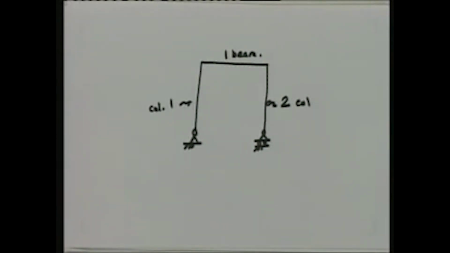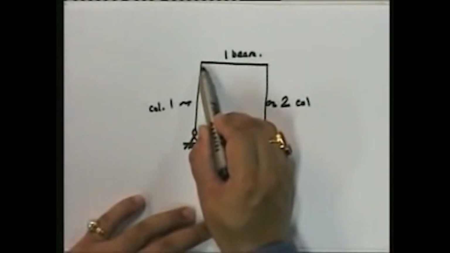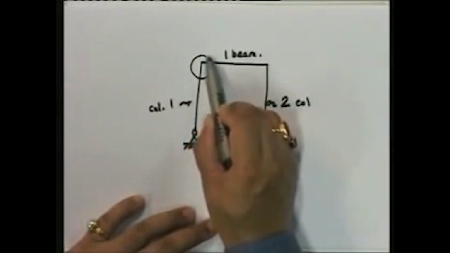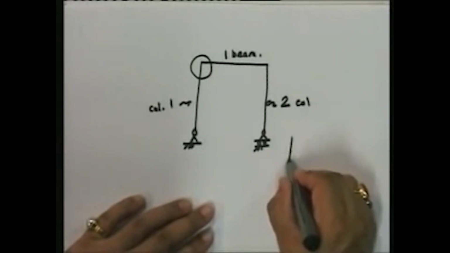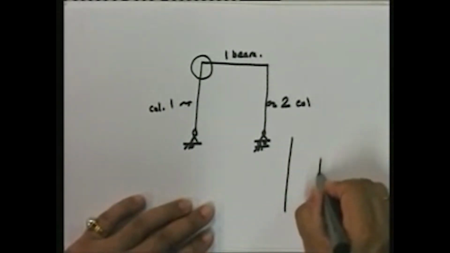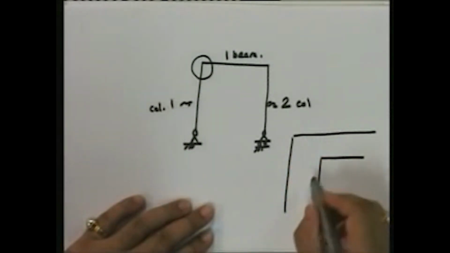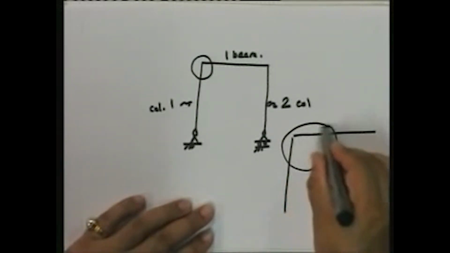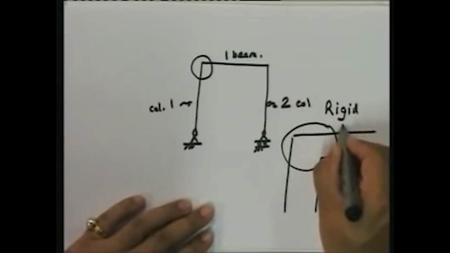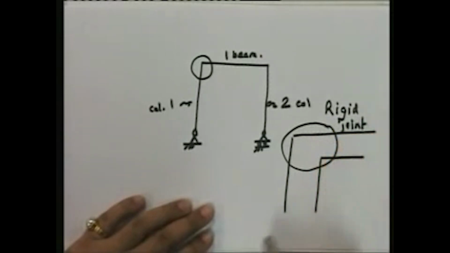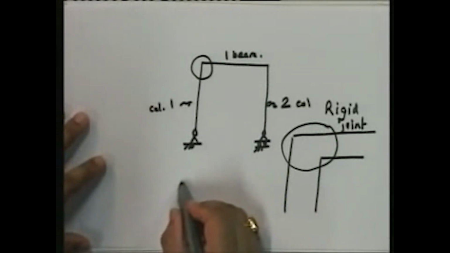Okay. So this is a plane frame where if you look at it, the connection, the joint, let's look at this joint. The joint between the beam and column, if I draw it in reality, it looks like this. This is the column, this is the beam. This joint is a rigid joint. In a truss, what does this joint look like? It looks like this.